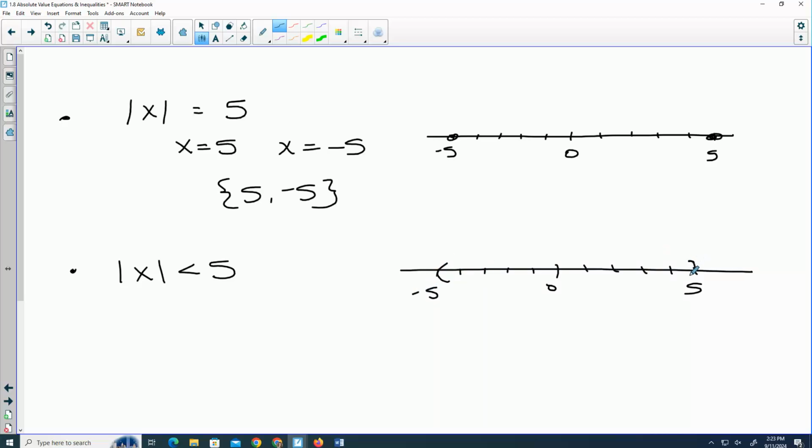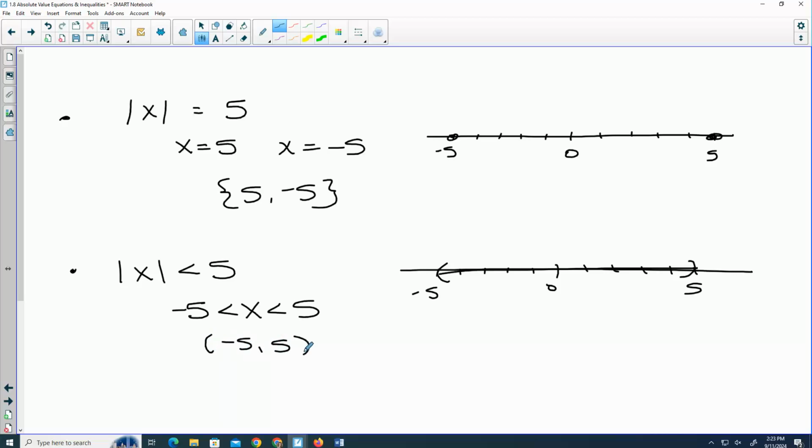Everything between negative 5 and positive 5. Do we agree with that? So if it's a less than, when you rewrite your problem without absolute values, you typically write it as negative 5 less than x less than 5. We would write it as that inequality, and then we could solve it from there. So it's everything between those.